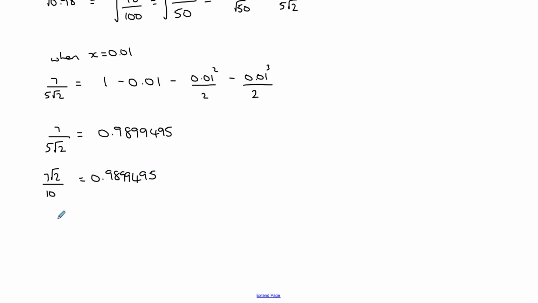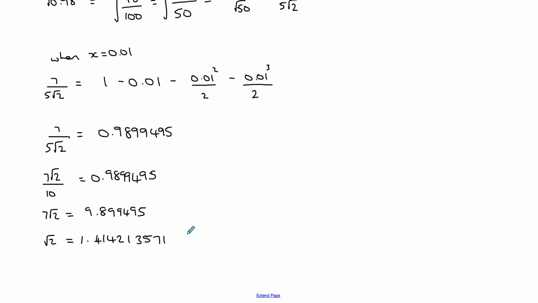So if I times by 10, and then I'm going to divide by 7, that's going to get me my approximation. So times by 10 on the calculator, divide by 7, gives me 1.41421357.